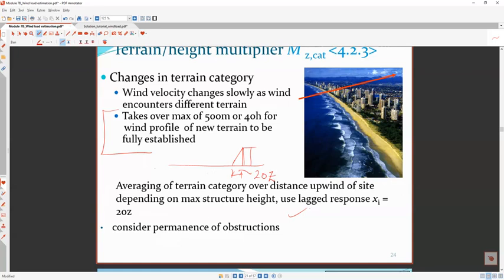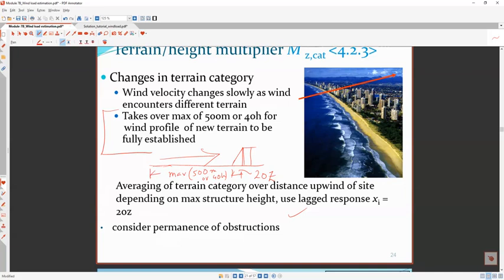So 20Z you can leave out, but then we have this distance, the max of 500 or 40H, you have to consider to estimate that terrain category. If you've forgotten, then it's important to look at that. So follow the standard.